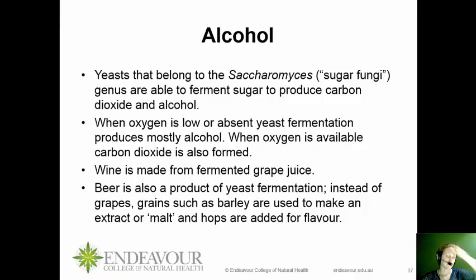Alcohols, of course, you're doing alcohol more in depth in session 25, so I'm really not going to go into it, but you have specific yeasts that ferment on sugars and produce carbon dioxide and alcohol.